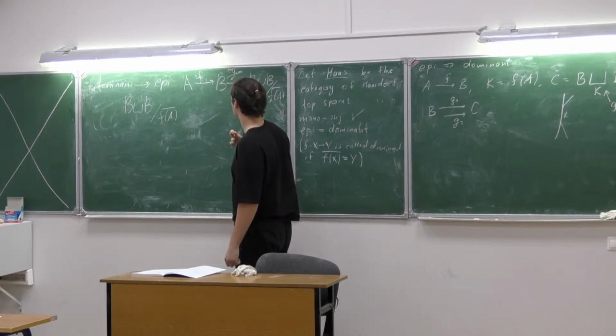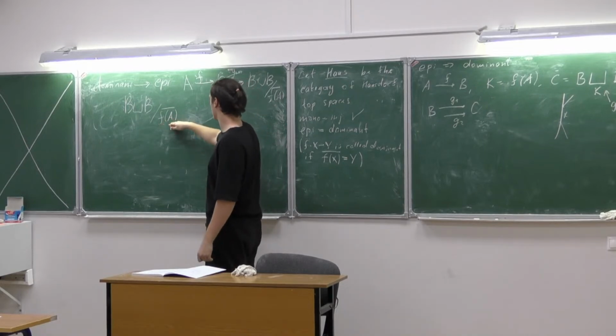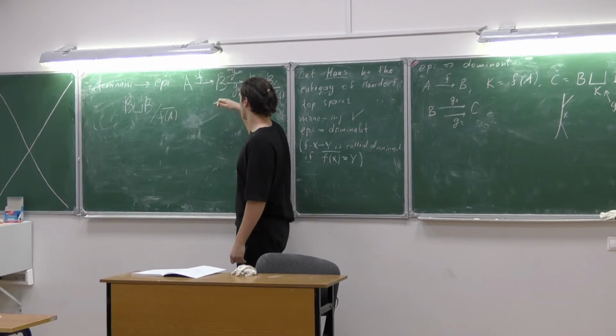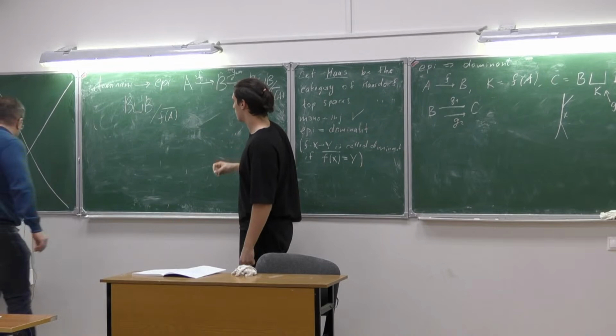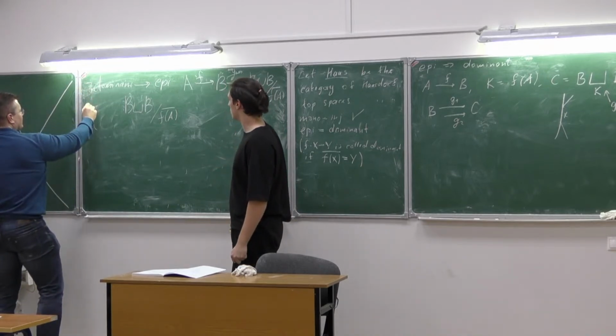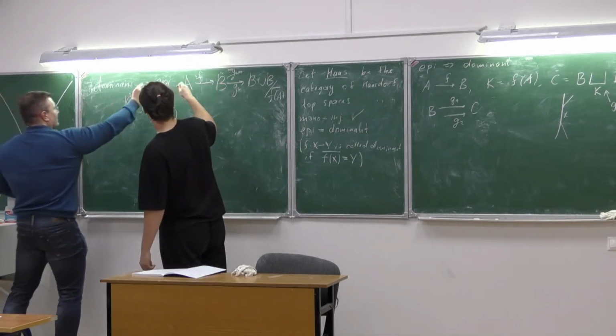That would mean that the closure of f of A in B is not B itself. So let's write what we're trying to show. You assume that the map is not dominant, right? Is this the right symbol?